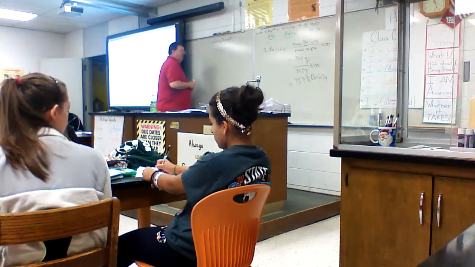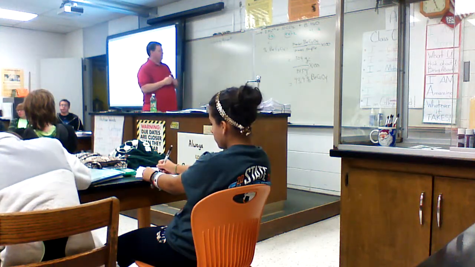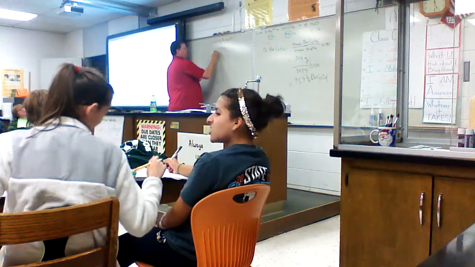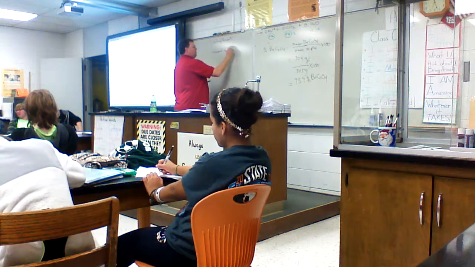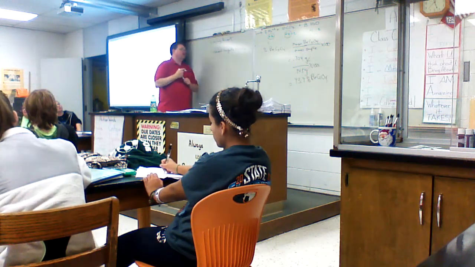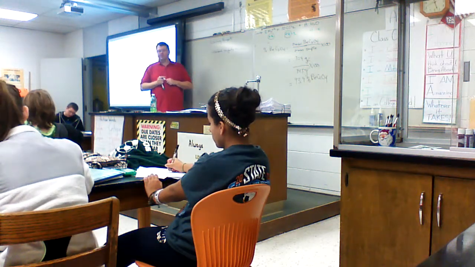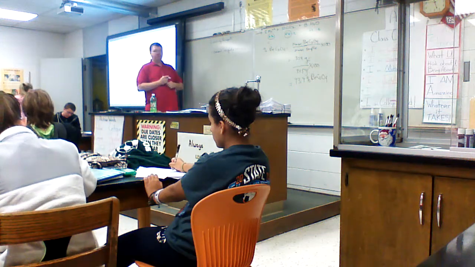So anytime you see a limiting reagent problem, I'm going to give you a little shortcut. The little shortcut is, first thing you do is you convert your reagents to moles. So if I've got 2 reagents, convert them both to moles. If I got 3, convert all 3 of them to moles.